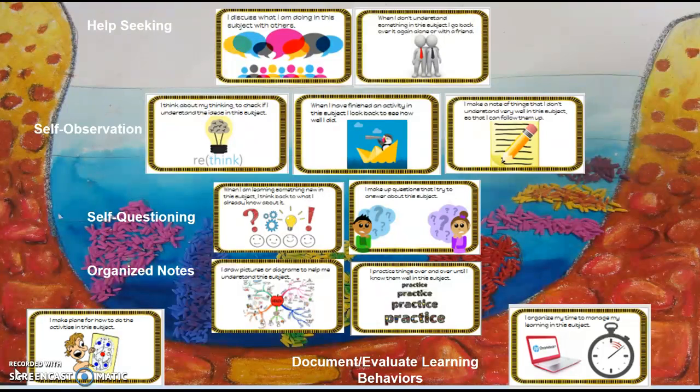This is not an extensive list of all the learning strategies. As I did research, these are the ones that I found. And I'm sure as you begin researching on your own and growing in the idea of learning strategies, that you may find more, which will be great. But definitely putting them into categories to be able to better explain to the students how to use the strategy is going to be important.